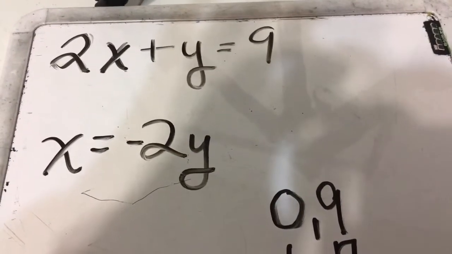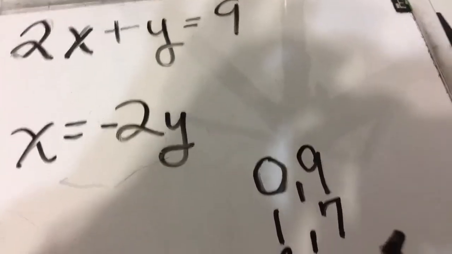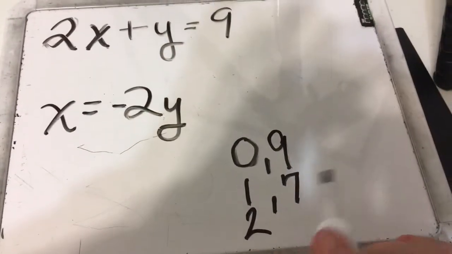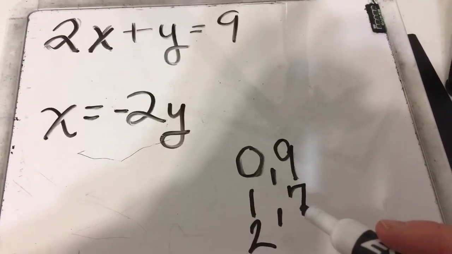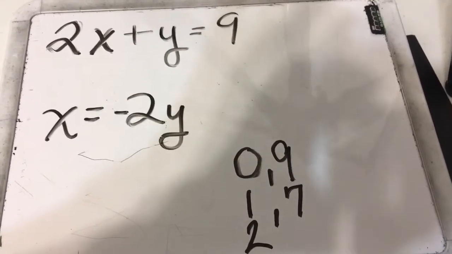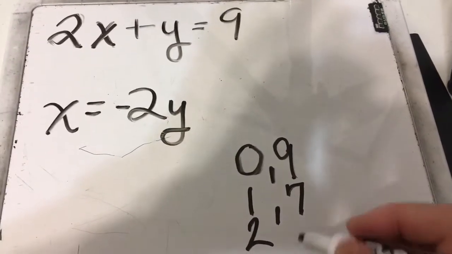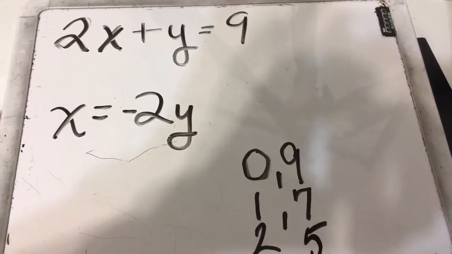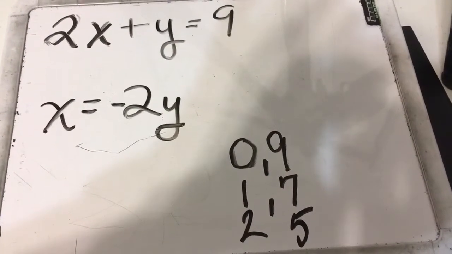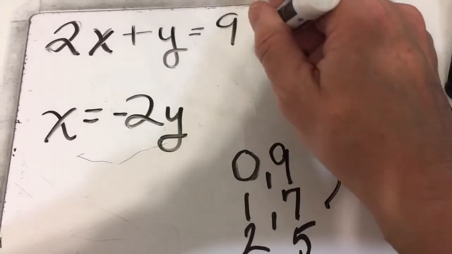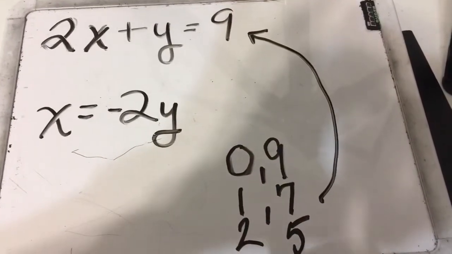If I plug in a 2 for the x, I get 4 plus something is 9, and that will be a 5. So 0, 9, 1, 7, and 2, 5 are points that fit the first line.